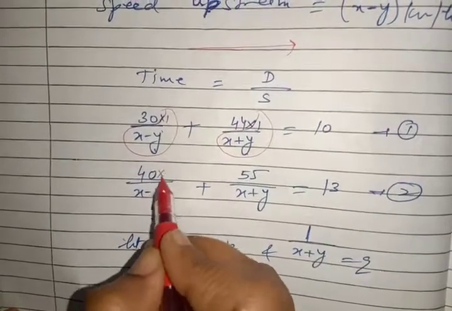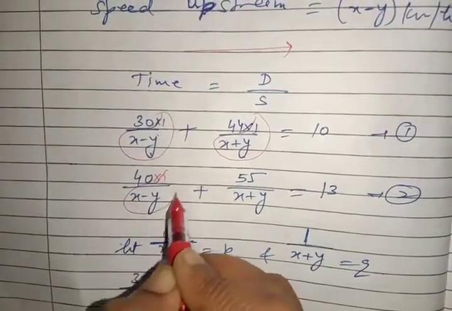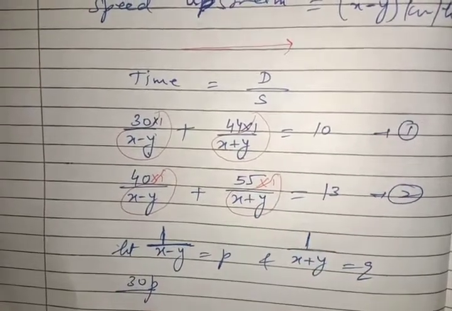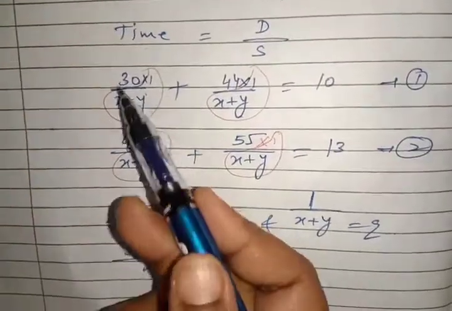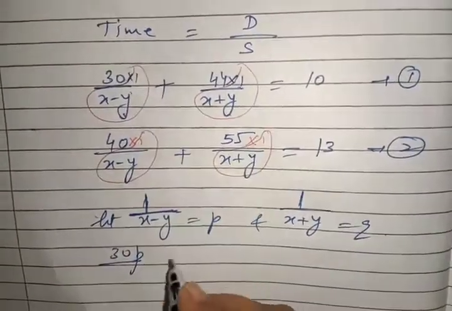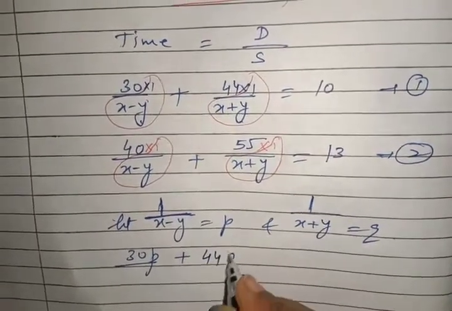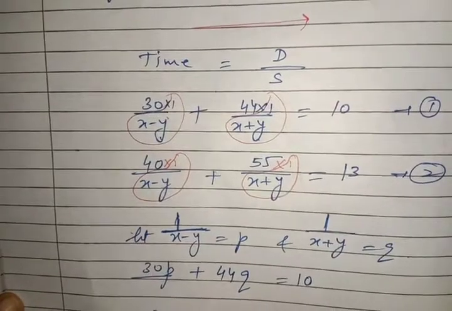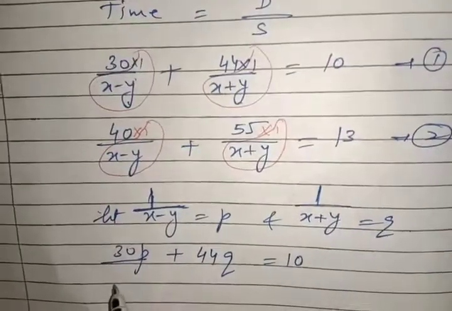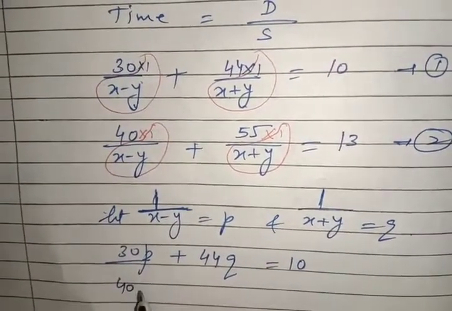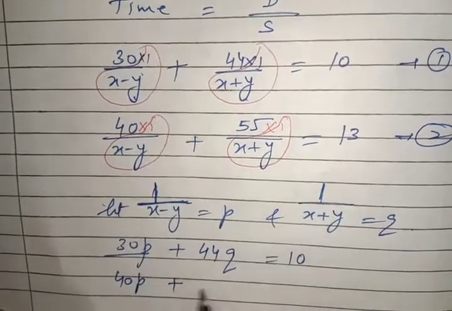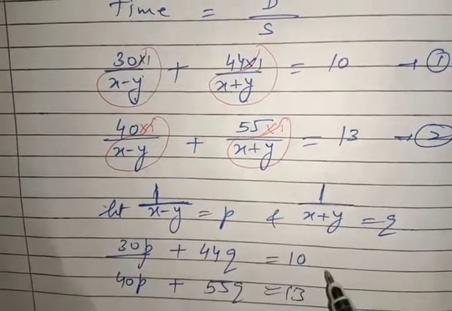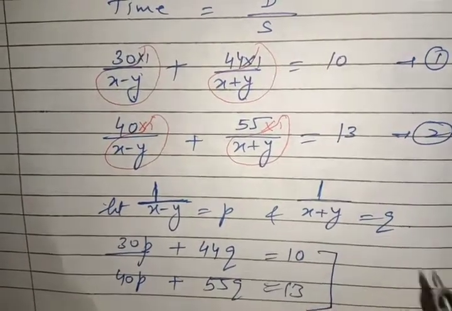Similarly here, 1 upon x minus y and 1 upon x plus y. So it will become 30p plus 44q is equal to 10, and this equation will become 40p plus 55q is equal to 13. Now you can solve it on your own.